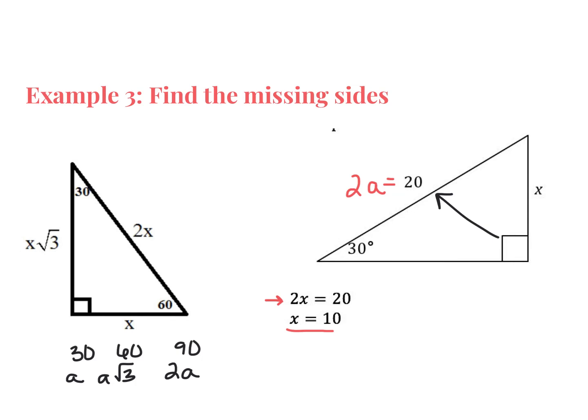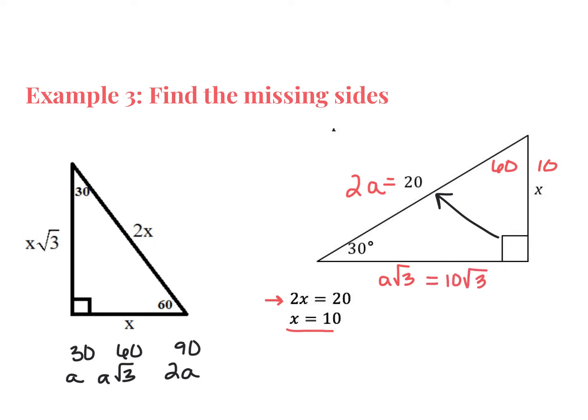That means that is the side length across from my 30-degree angle. The remaining angle would be 60 degrees. This has to have the ratio of x root 3. Sorry, I'll use a root 3. Since a equals 10, this is going to be 10 root 3.